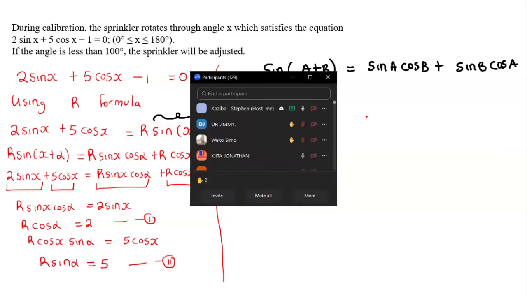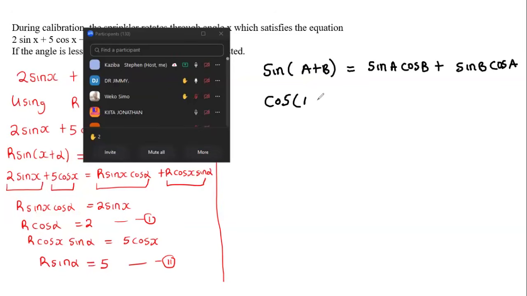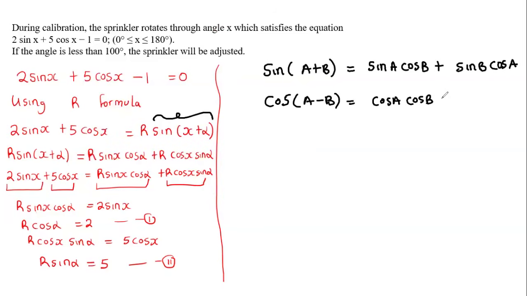Yes, Dr. Jimmy? Master, I was inquiring whether we should first write that x and then we add the alpha, or if, for instance, it was subtraction, which one would come first? Now, in case you are using cos of a minus b, so this would be cos of a.